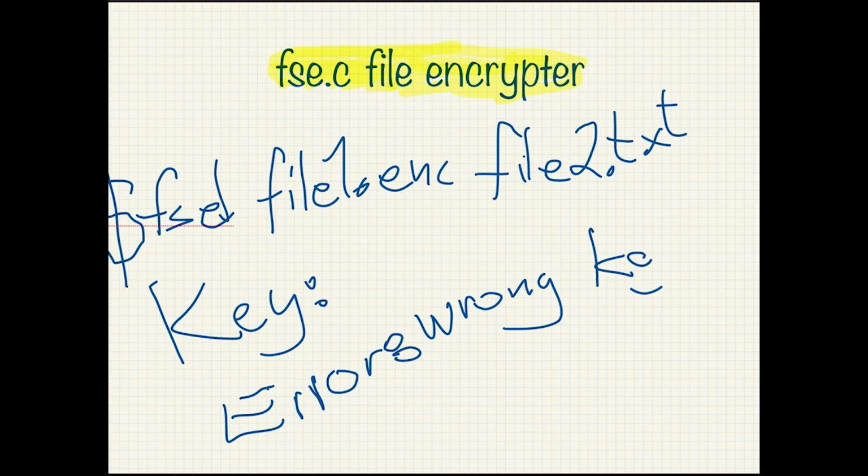It will ask the user for the key, and here is the thing which makes this project interesting, at least I think so. The program will be able to say wrong key. If you type the wrong key, the program will be able to detect that, and if you type in the right key, the file will be decrypted accordingly.